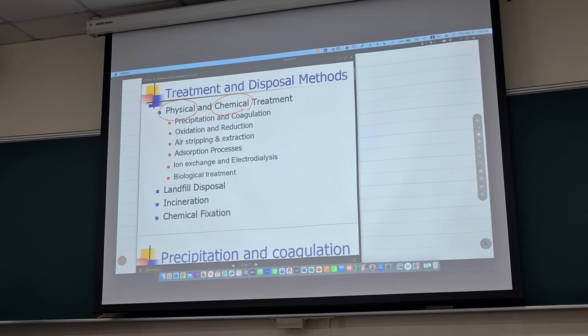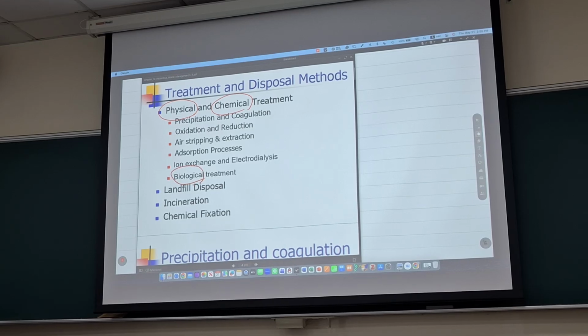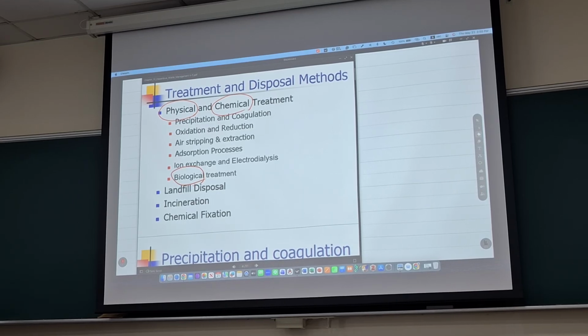For example, we can use precipitation, coagulation, oxidation reduction, air stripping, extraction, adsorption process, ion exchange, electrodialysis, and even some biological treatment. We'll learn about this.